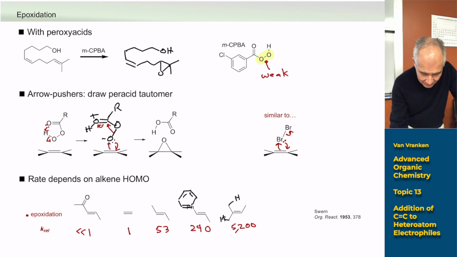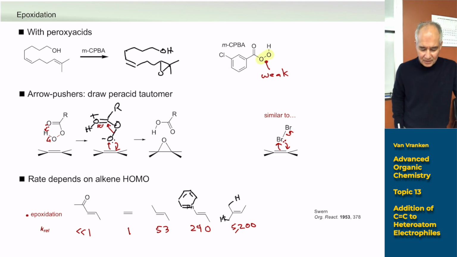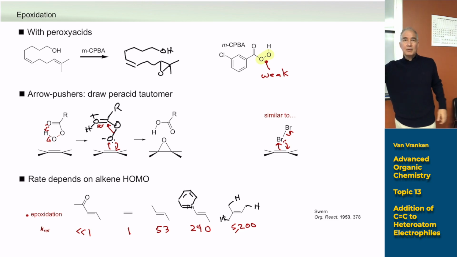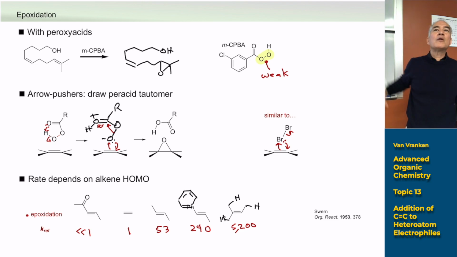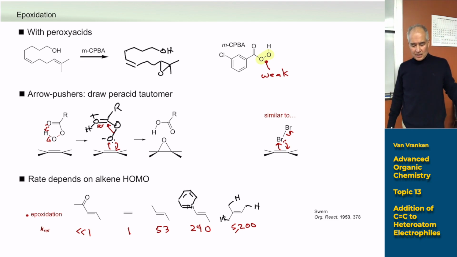There's donation. I don't want to draw that arrow, and all those CH bonds, all of those bonds that are adjacent to the double bond, are donating into pi, making a new orbital that's more nucleophilic. So it creates a new pi-like orbital that is more nucleophilic, and the more of those bonds you've got, the more nucleophilic. In this case, you're also adding steric hindrance, but usually the sterics is not as important as the electronics.